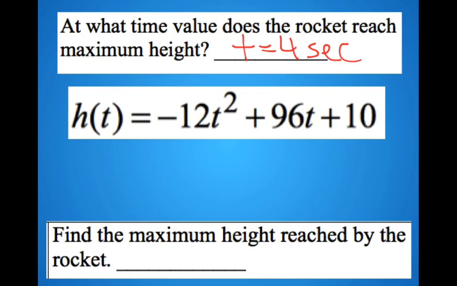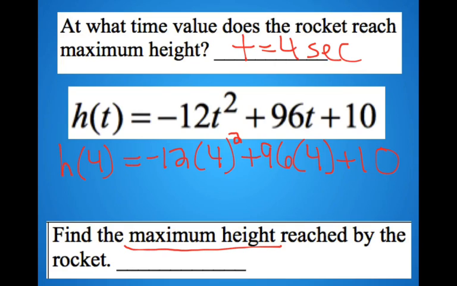The next question is find the maximum height. If you want to find the maximum height, we just have to plug in the 4. This is function notation. When you say h of 4, that means you're plugging in a 4 for every one of the x's, in this case the t's. I'm going to grab the calculator for this one.